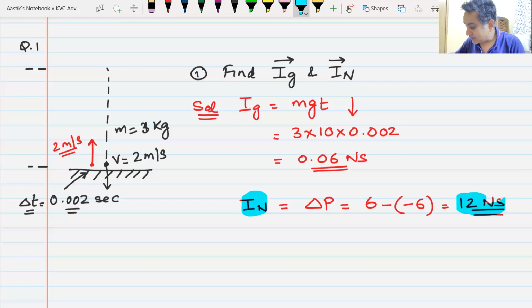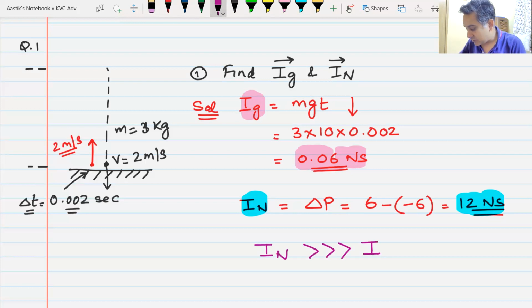Now, when I look at this and when I look at this, we can understand what? Impulse due to normal reaction is very, very large compared to impulse due to gravity.